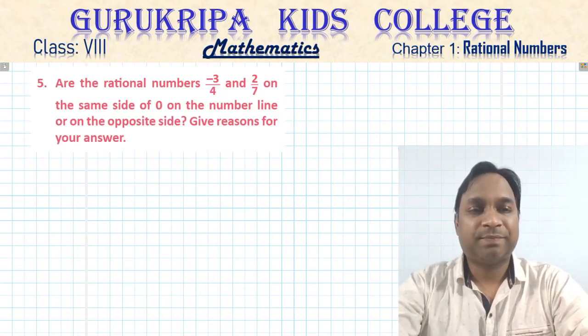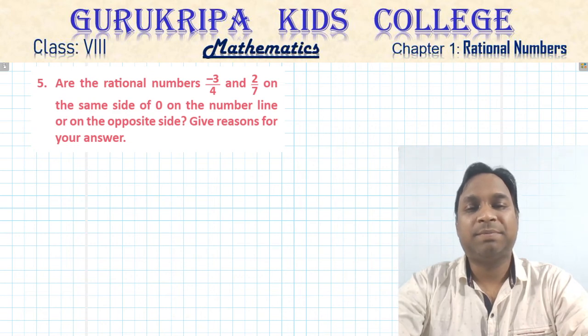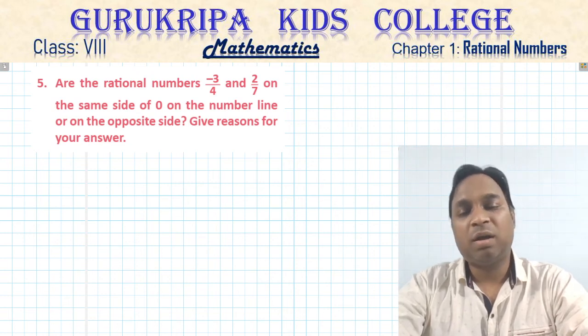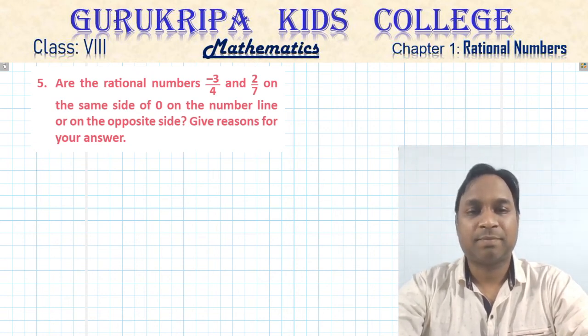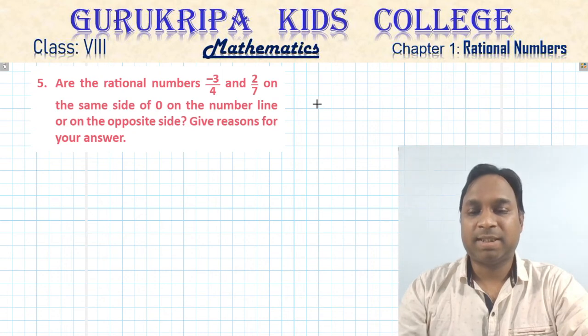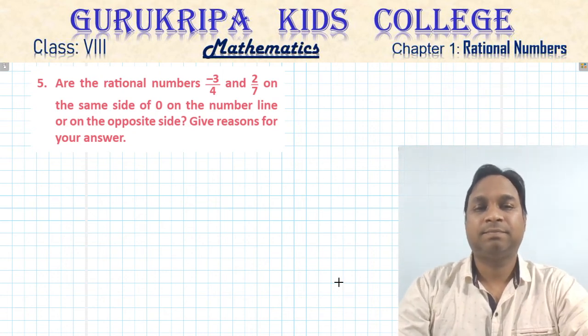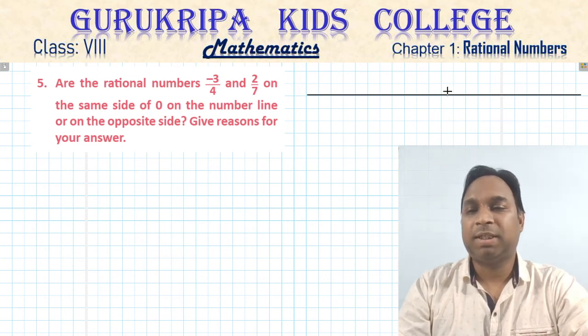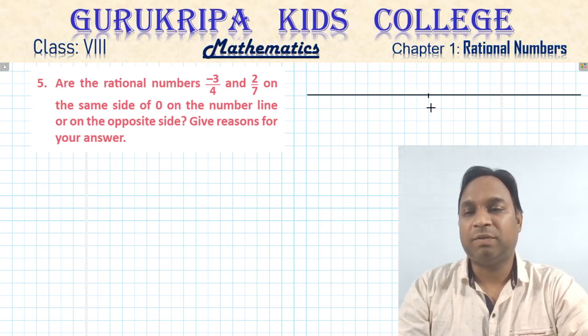Question number 5. Are the rational numbers minus 3 by 4 and 2 by 7 on same side of 0 on the number line or on opposite sides? So let's say this is our number line again, and let's say we have a 0 over here.